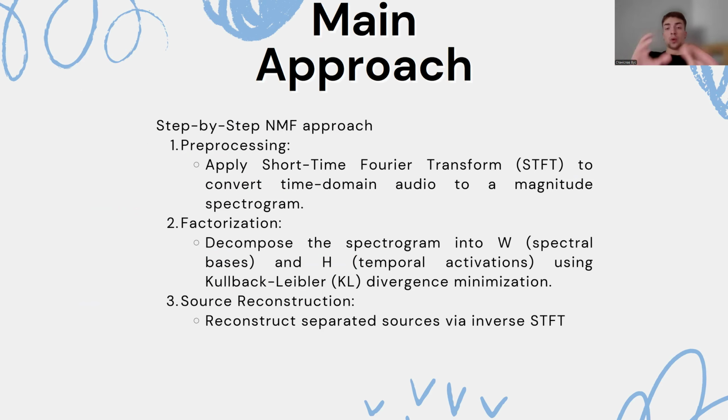Next, we give this magnitude spectrogram to our function, called NMF. Using iterations, it decomposes our magnitude spectrogram into two separate matrices, W and H, using Kullback-Leibler divergence.